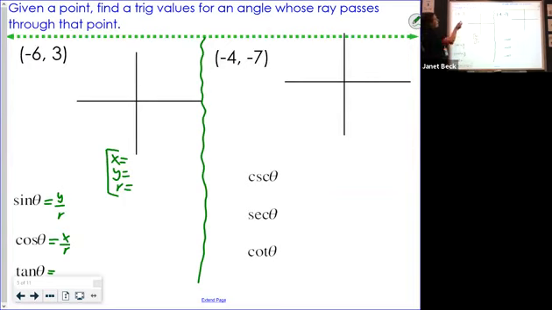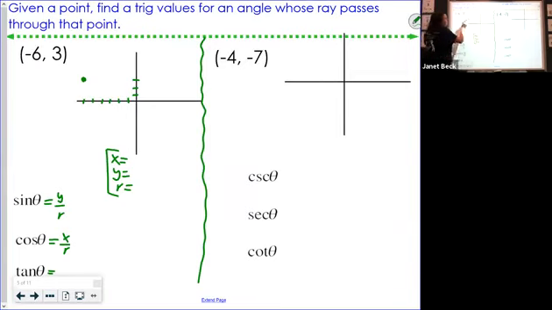So let's just graph what we've been given. The point -6, 3. 1, 2, 3, 4, 5, 6, up 3. Graph that point. Read the question again. It says, given a point, find a trig value for an angle whose terminal ray passes through that point. Remember, we always want that terminal ray.